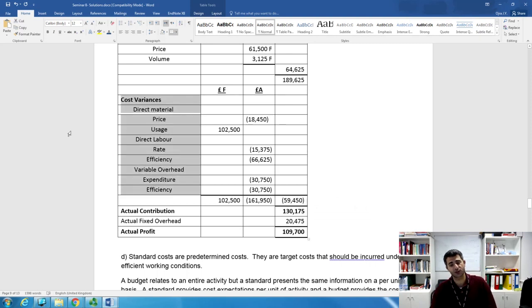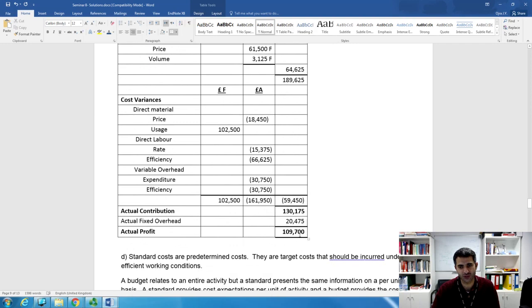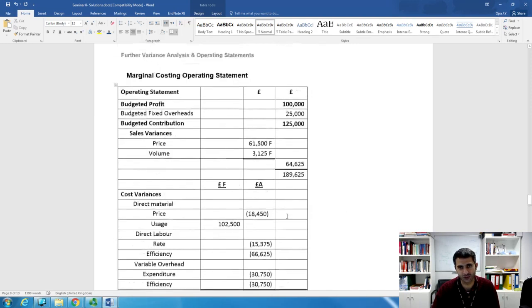So basically, when it comes to marginal costing, you don't need to calculate the fixed overhead variances. You just need to include the budgeted fixed overhead, which is 25,000 here at the top, and the actual fixed overhead, which is 24,475 here. That's the only way you do it.